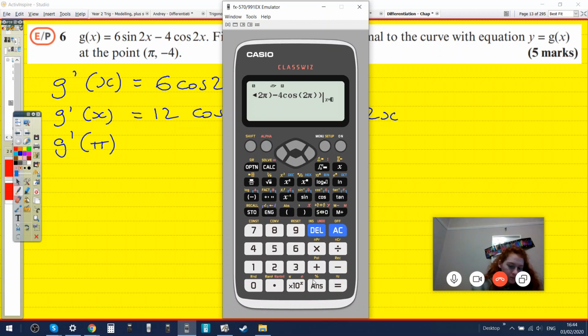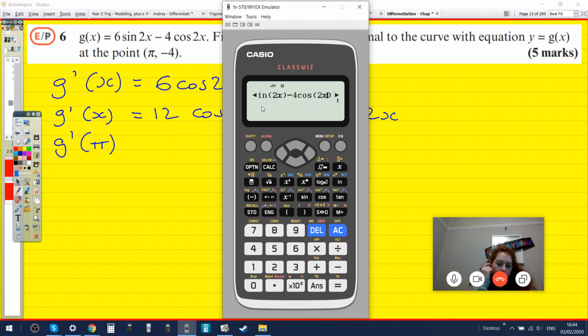So I've put it into my calculator. So d by dx, shift integrate. And I just put in the original one. So 6 sine 2x minus 4 cos. Sorry, I put in pi instead of x.